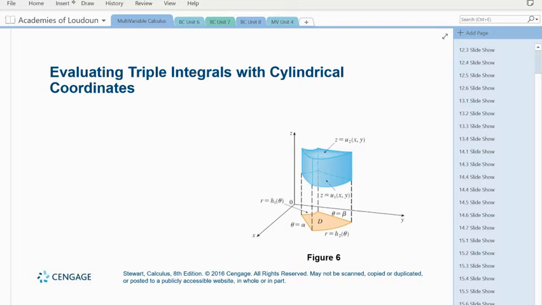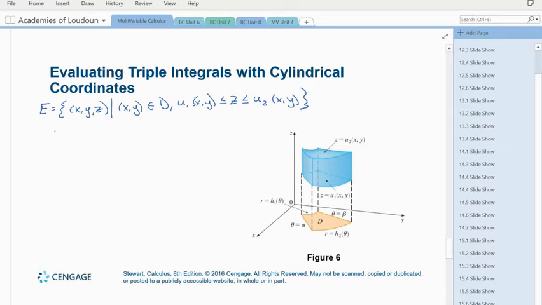In particular, we're going to suppose that f is continuous and E is defined as all points x, y, and z such that x and y are contained in D, and u1 of xy and u2 of xy are the lower bound and upper bound of z.